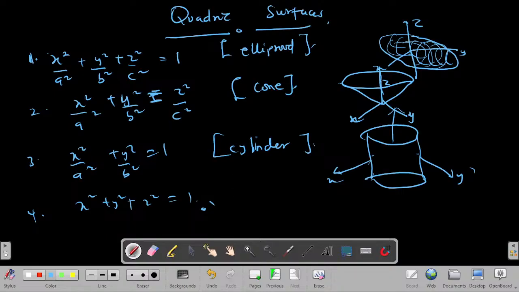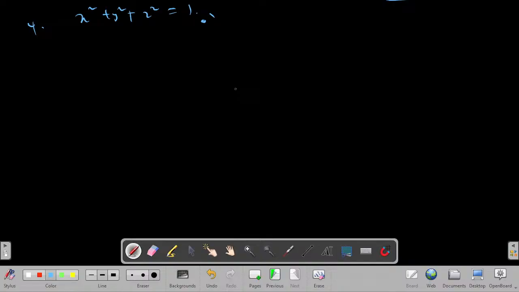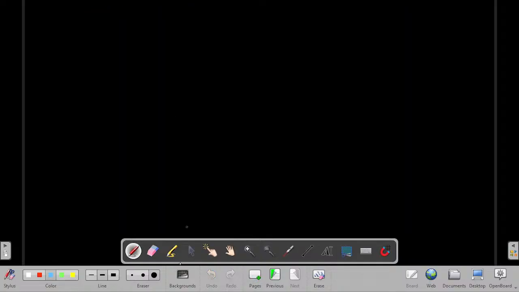So let's quickly jump into finding the domain of a multivariable function. How do you find the domain of a multivariable function?